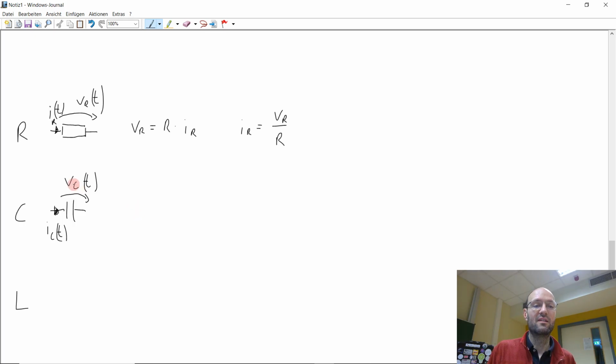So how do voltage and current depend on each other at a capacitor? Well, I guess charge divided by capacitance. So I could say this is the charge as a function of time divided by the capacitance.